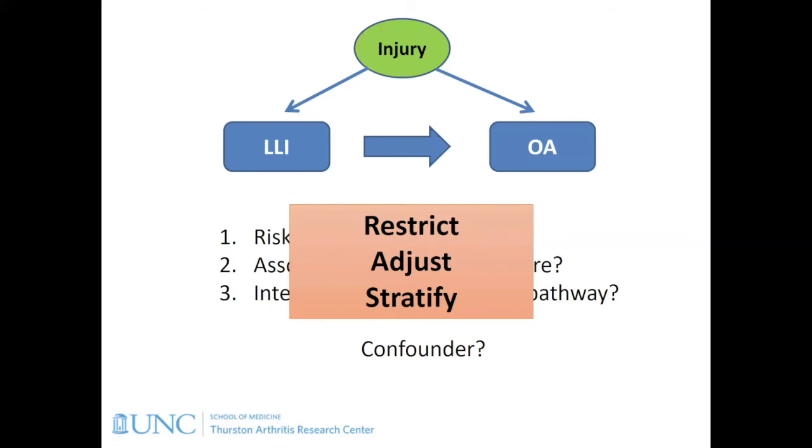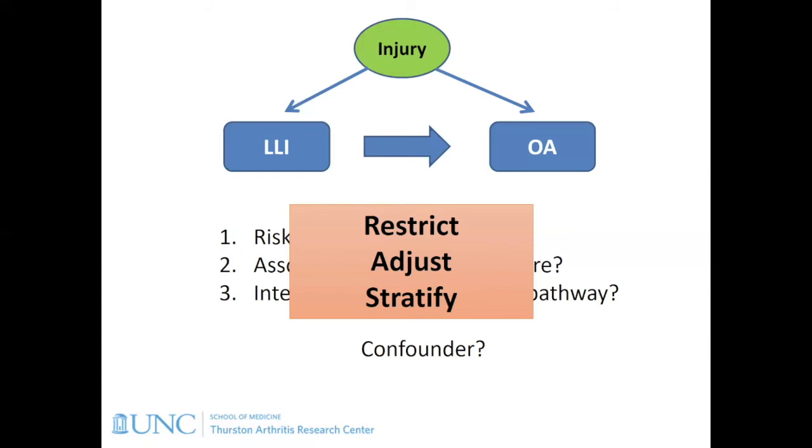So what do we do if we end up learning that we have a confounder? Well, there are a few different approaches. We can restrict our sample that we do our analyses on. So if we think that injury is causing this mixing of effects, what we can do is just look at individuals who don't have any injury at all and look at the association between leg length inequality and osteoarthritis. That's one approach. It's not one I typically do because I like to maximize my sample.